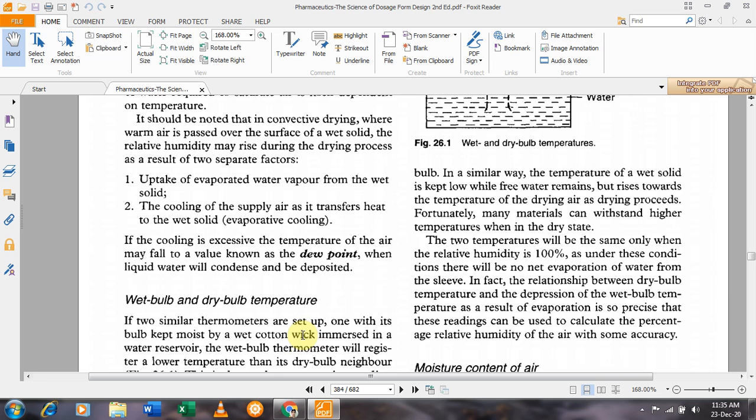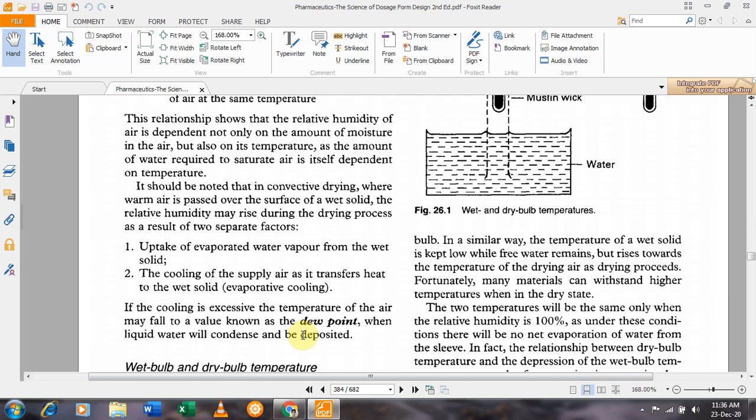The more the temperature, the more the capacity to take up moisture by the air, and the chances will be more.